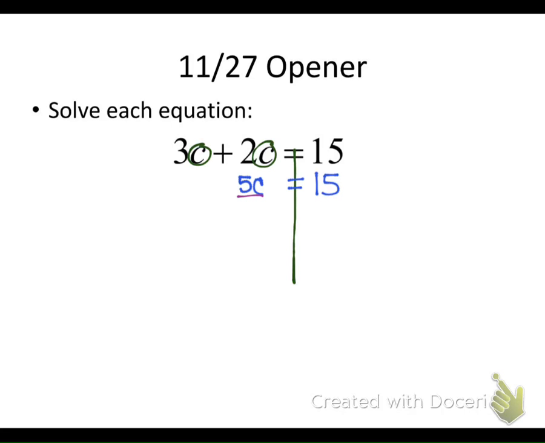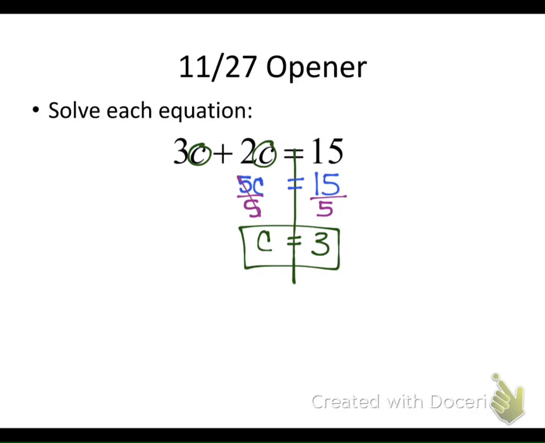Divide by 5. So c is going to equal 15 divided by 5, which is 3. Good. Yep, you combine your like terms and then solve to get the variable by itself.